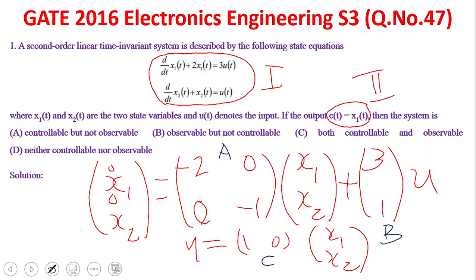The next step is to check the controllability and observability. That means we have to find out the controllability matrix and observability matrix. First, let us go for checking the controllability. How to check controllability? We have to find out B and AB. Actually, we have to find out B, AB, A square B, etc. Since the order of the system is 2, and matrix A is 2 by 2, it is enough if we find out B, AB.